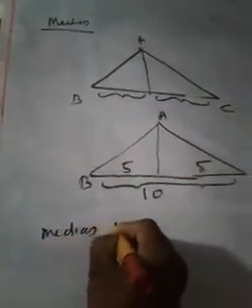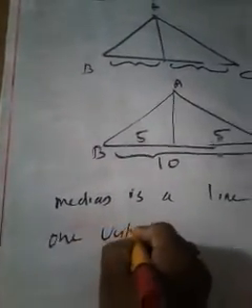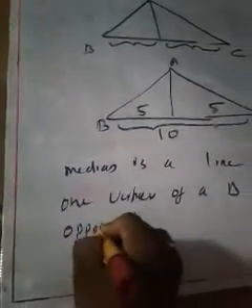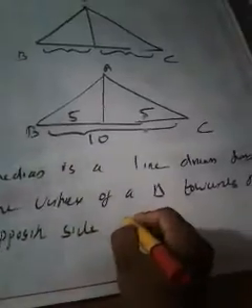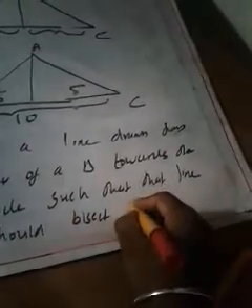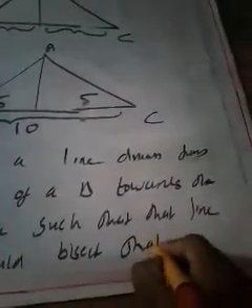Median is a line drawn from one vertex of a triangle towards the opposite side such that that line should bisect that side.